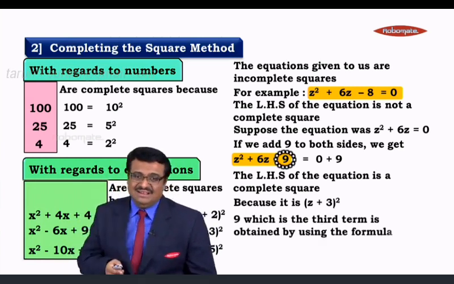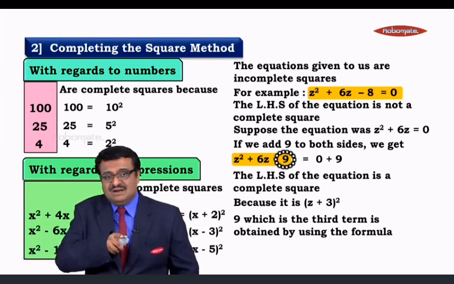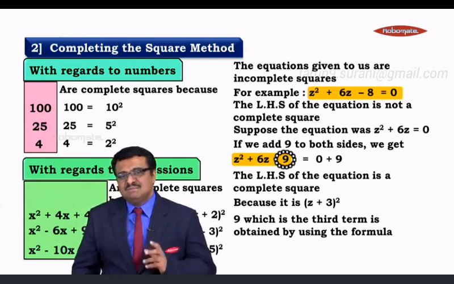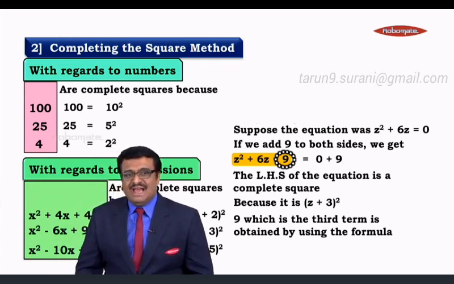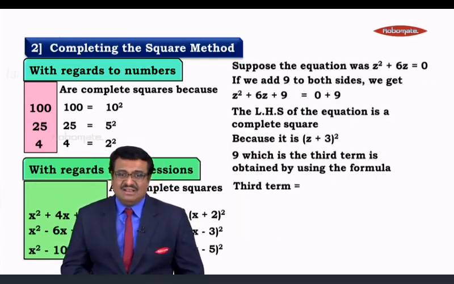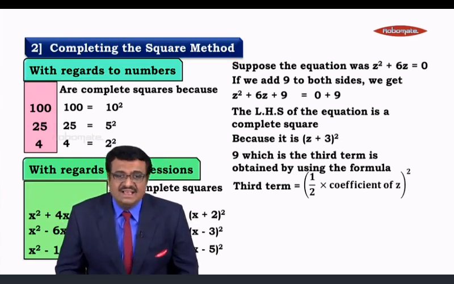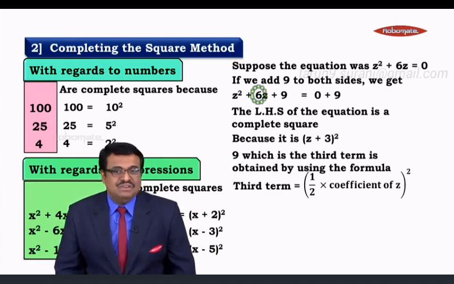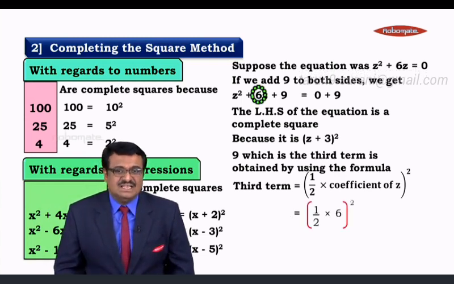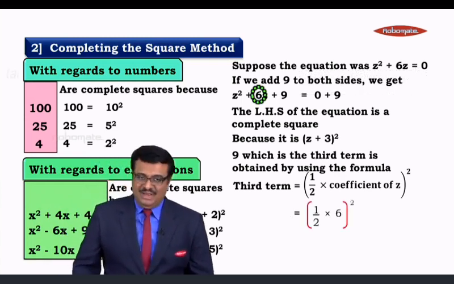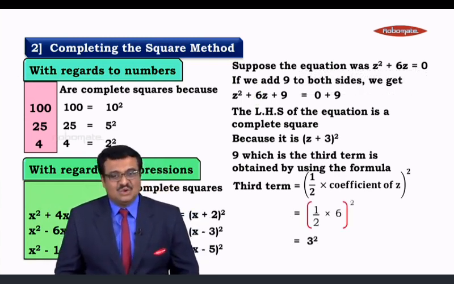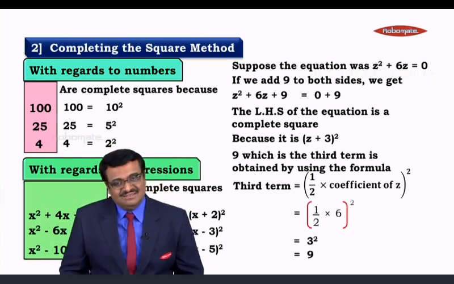Now this 9 we added, which is the third term, is obtained by using a simple formula, and the formula is: the third term is half into the coefficient of z, the whole square. The coefficient of z is 6, so it is half into 6 the whole square, which is nothing but 3 square, which is nothing but 9.